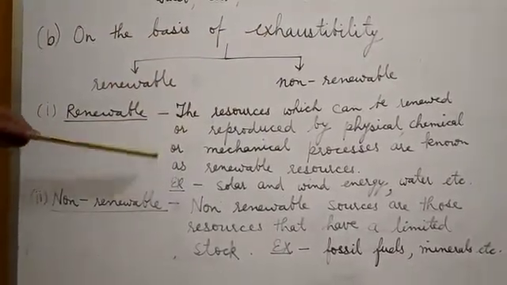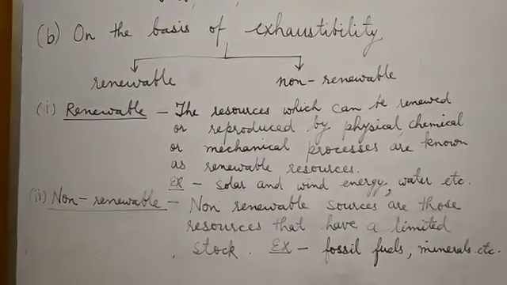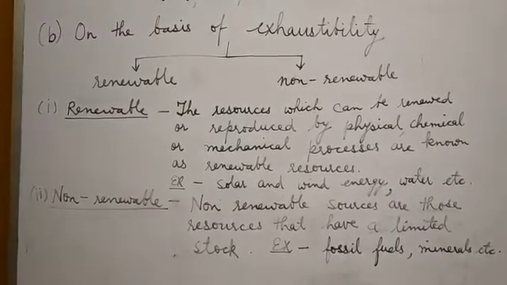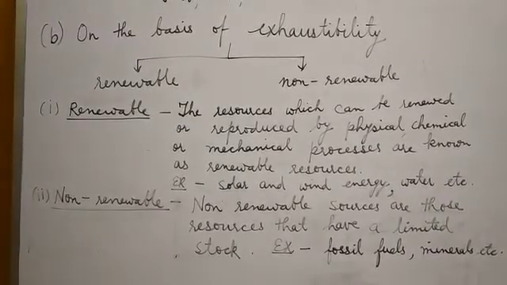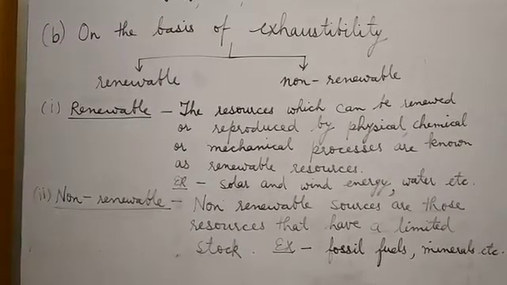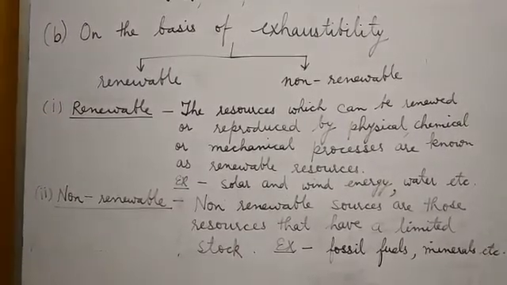For example, solar and wind energy and water resources. They can all be renewed quickly. The replenishment time is less. Plants can also be replenished quickly. Wildlife are all examples of renewable resources.